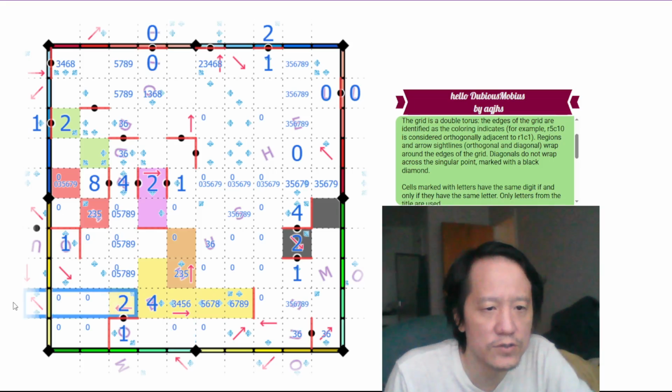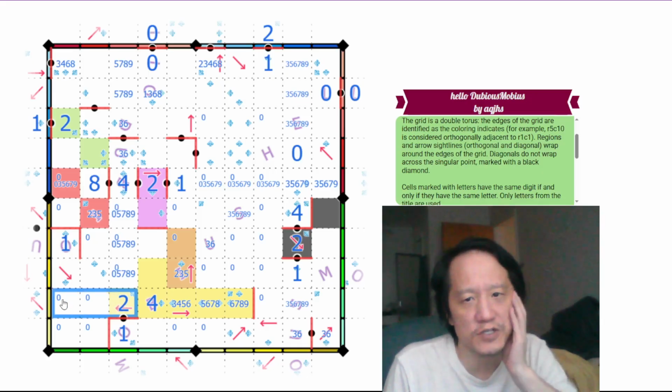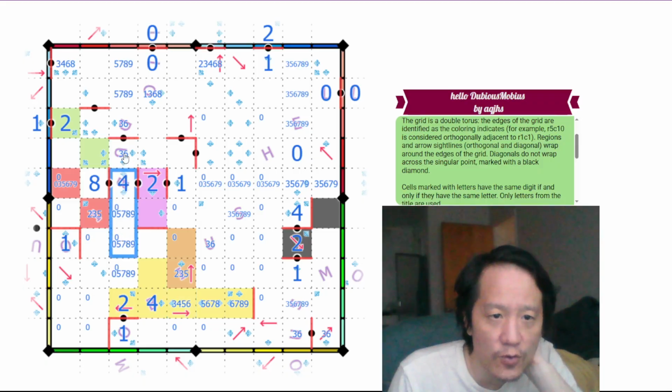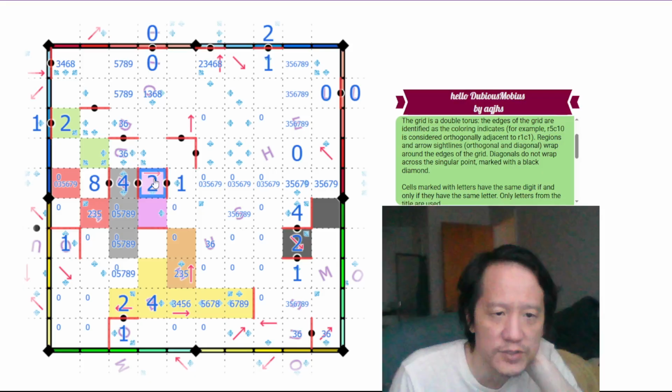So this sees 2 regions before it sees its own region again. This sees 4, so these have to be the same region. Therefore, it's different than this region, definitely.